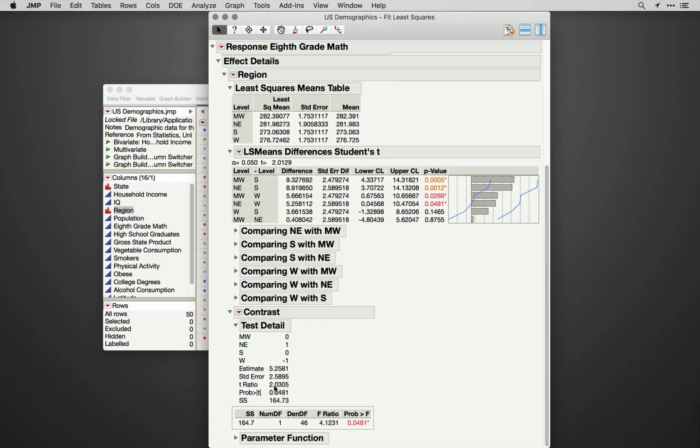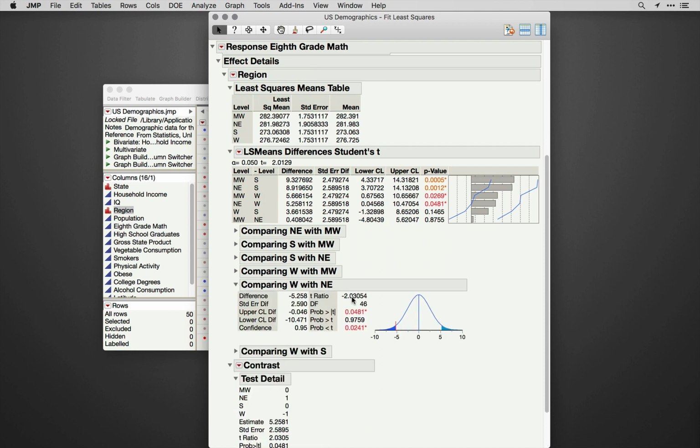Now, if you notice, there is a t ratio produced in the test detail. If I expand it, 2.0305, that is the same t ratio as if I go to the West versus Northeast here. So 2.0305. It also happens to be the square root of the F ratio. That's just something you can get to if you like using some math. So what we've defined here is a simple test comparing one level against another level.